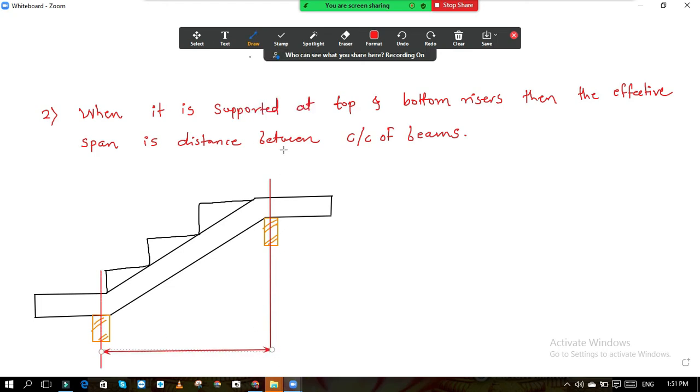This is your effective span in the second case. Is it okay now? If this type of support is given, then you should take the effective span between center to center of support.